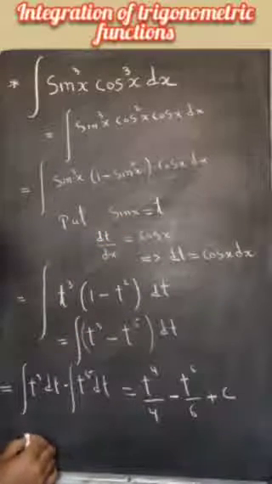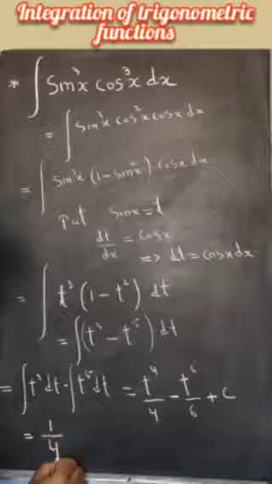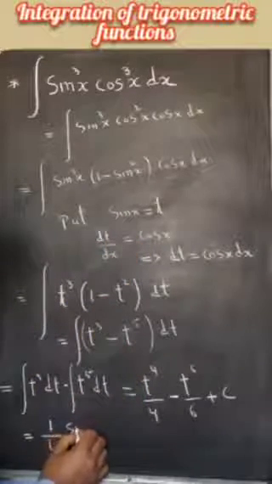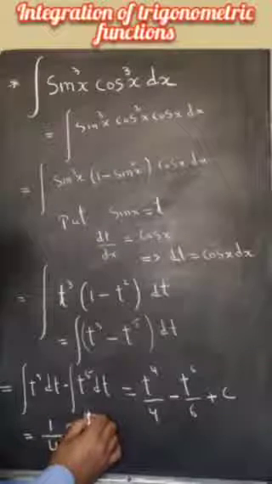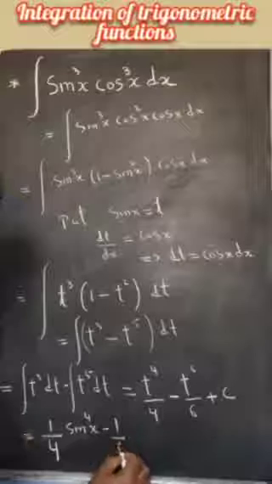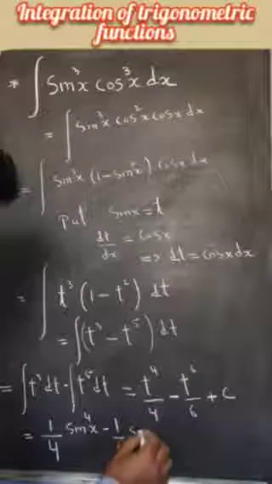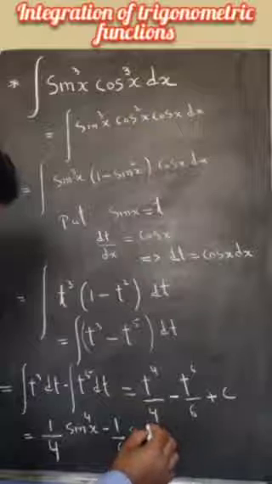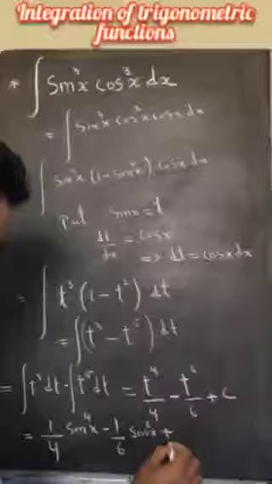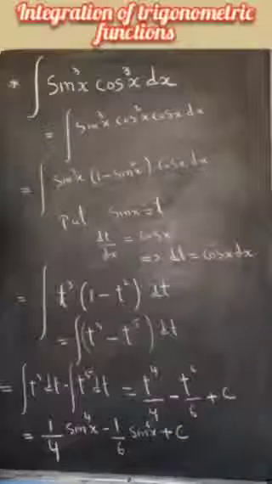We get 1 by 4 sine raised to power 4 x minus 1 by 6 sine raised to power 6 x plus constant of integration c. That completes the question.